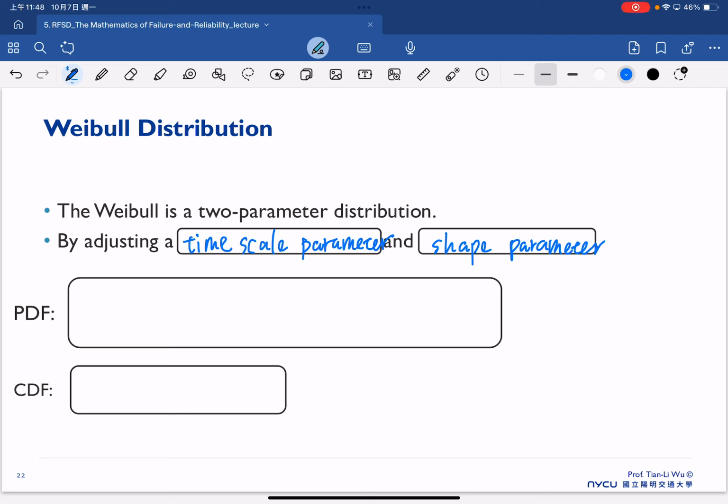The time scale parameter we generally call alpha, and the shape parameter we call beta. And then the general form for the PDF is shown here.